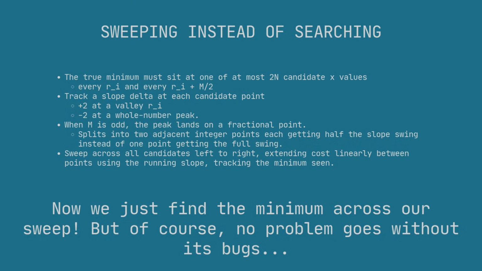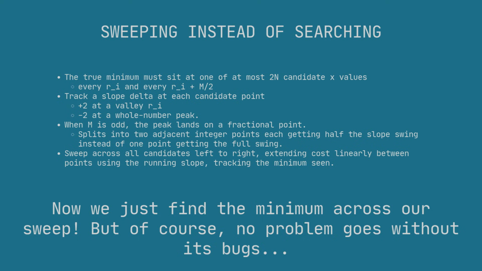The key thing is we're going to sweep our candidate x values instead of searching for one. So the true minimum must sit at one of at most 2n candidate x values. We're going to track a slope delta at each candidate point: +2 at a valley and -2 at a whole-number peak.